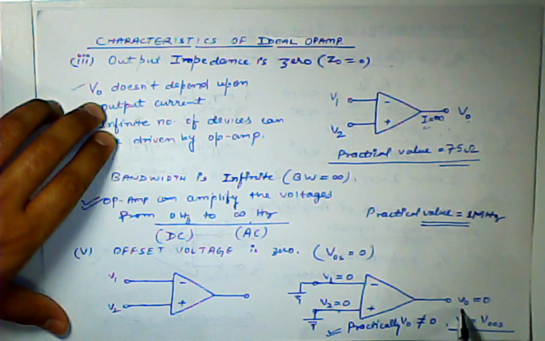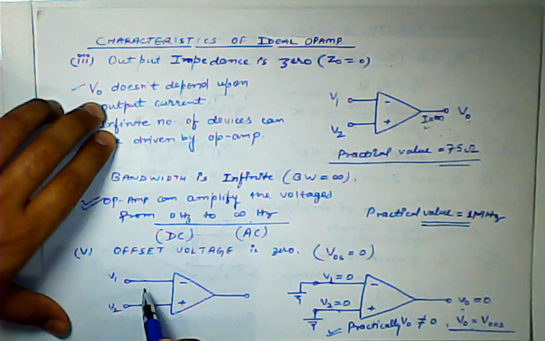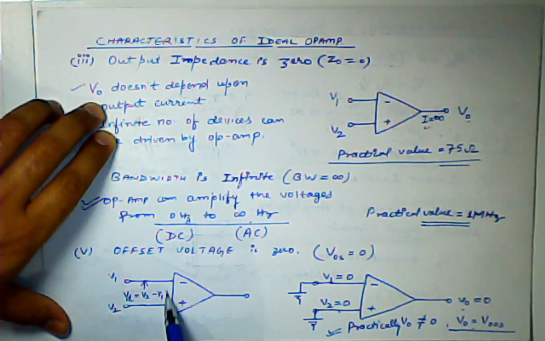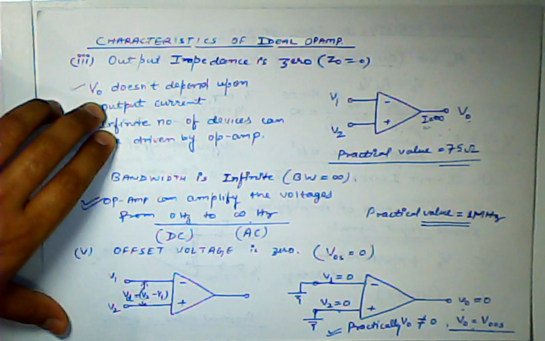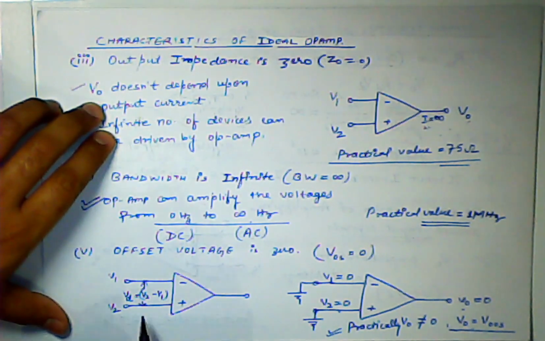What is input offset voltage? Suppose we are providing any differential input at the input side, V2 minus V1, and it is quite small. If the gain of the op-amp is high, we are considering it to be high, then definitely the output should be a high value.